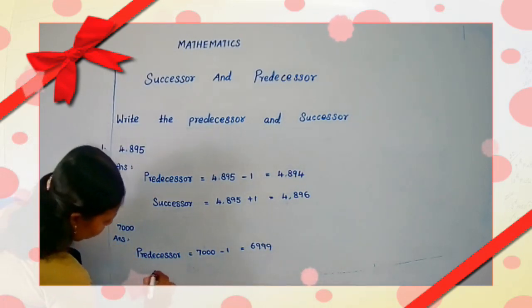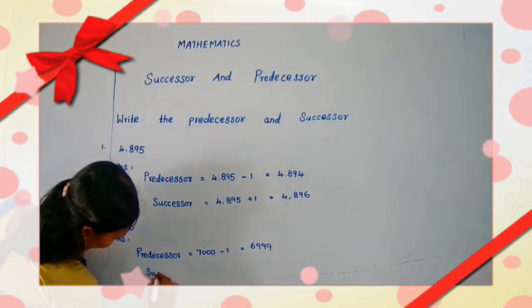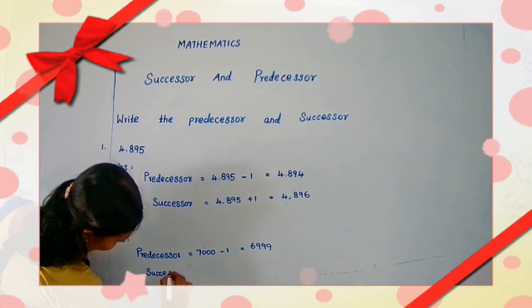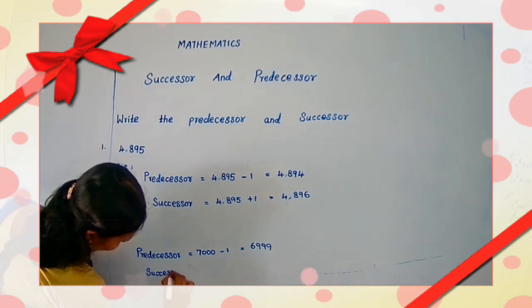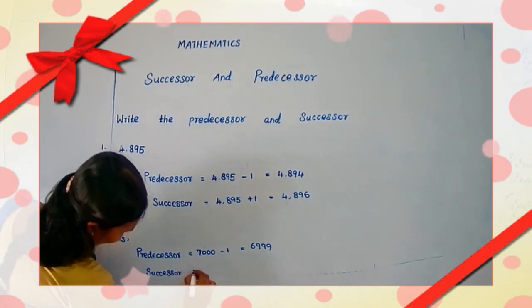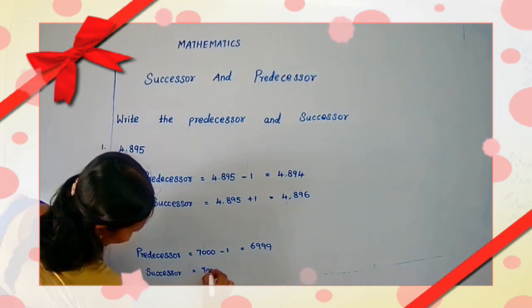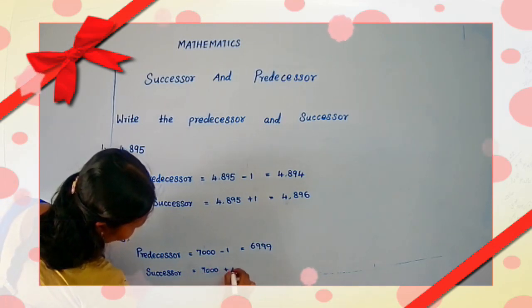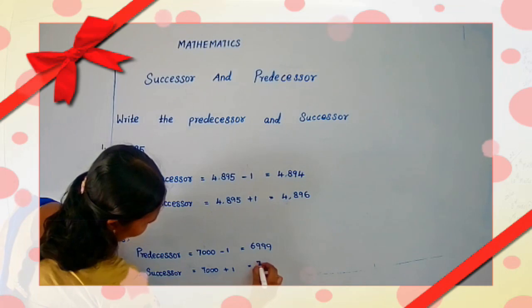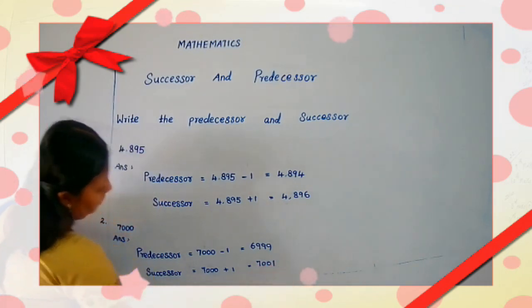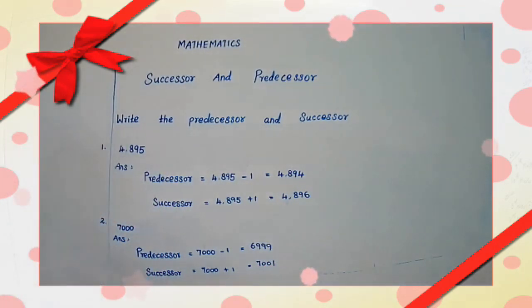Okay, ma? Then successor. Successor. 7000 plus 1 is equal to 7001.